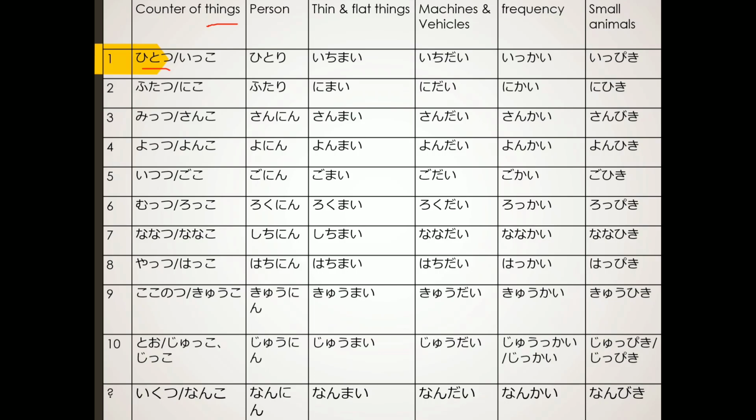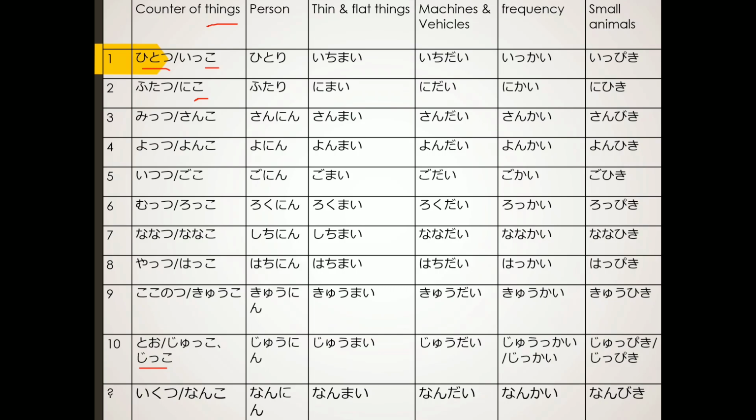Hitotsu, futatsu, mittsu, yottsu, itsutsu, muttsu, nanatsu, yattsu, kokonotsu, to. After to, we can't get more than that in this reading. So we have ikko, nikko, sanko, yonko, goko, rokko, nanako, hakko, kyuko, jukko or jikko.